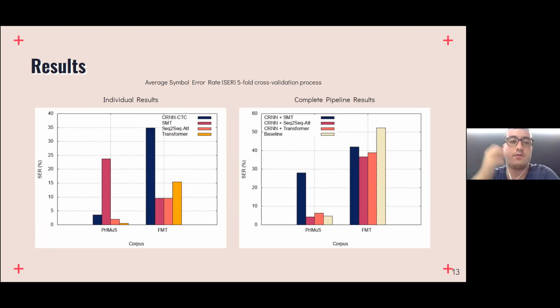So without further ado, I would like to present our results, which are presented in this slide. On the left, we've got the individual results, to say how the systems perform individually. And then we've got the complete pipeline results, where we compare our proposed approaches with the baseline proposed with direct encoding. As we can observe on the left, if there is enough data, the transformer model, as expected, gets the best results and the best language model for translation.